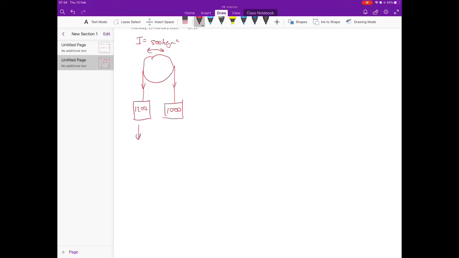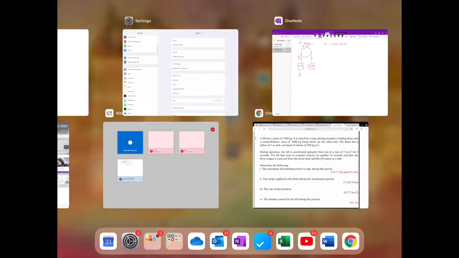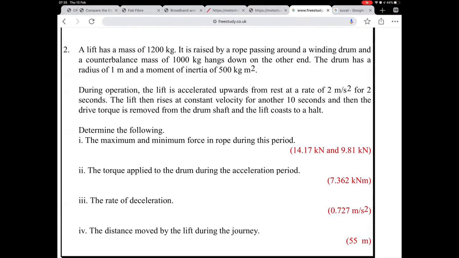Now obviously we've got a couple of things happening here. On both of these we've got the force of gravity, so let's take this one first, we'll call it T1, and the tension there in the force is going to be equal to, well, F equals ma, so just the force of gravity, 1200 times 9.81, but also there's another force, because the question says that it's accelerating at 2 meters per second squared.